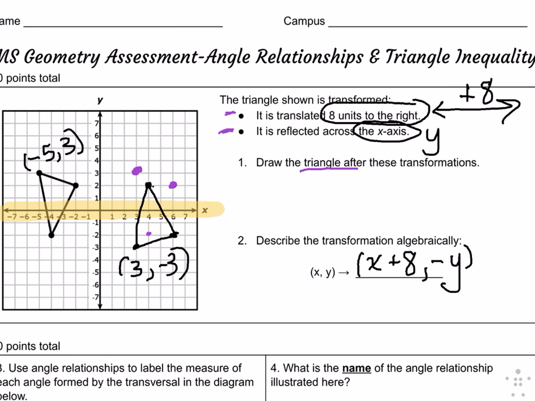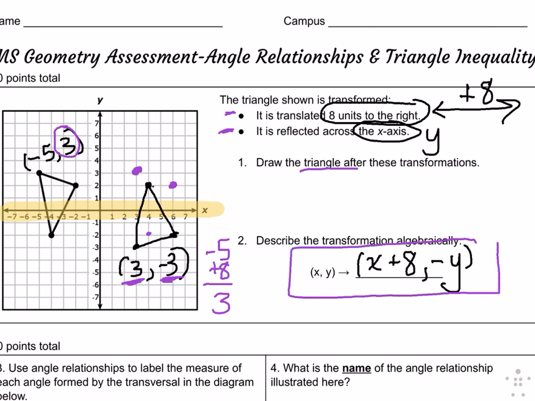For the x-coordinate, to get from -5 to 3, I can do -5 plus 8, which gives me +3. For the y-coordinate, it's the same number, all I did was change the sign. Instead of +3, it became -3. That's one way you can show your algebraic representation right here.